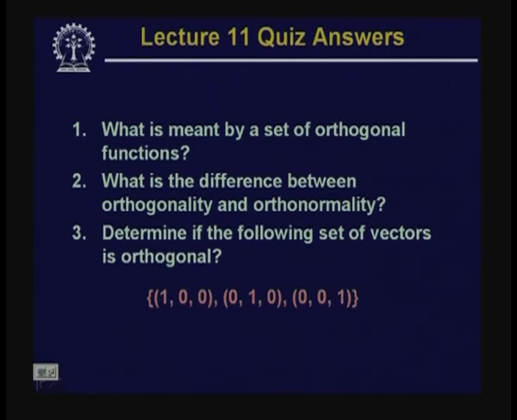And if you verify this, you will get the same result, that is, the inner product of 100 with 100 will be 1, but the inner product of 100 with 010 or with 001 will be 0. And you can verify that this particular set of vectors is orthogonal, and not only orthogonal, it is orthonormal.